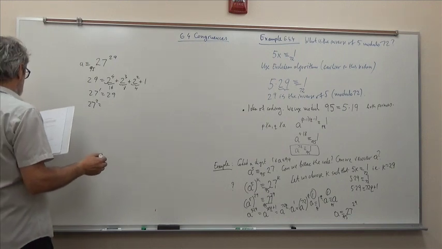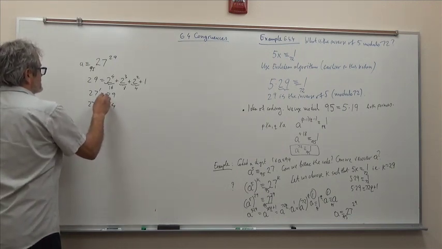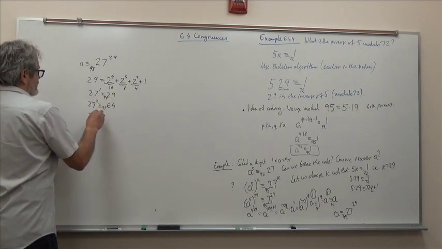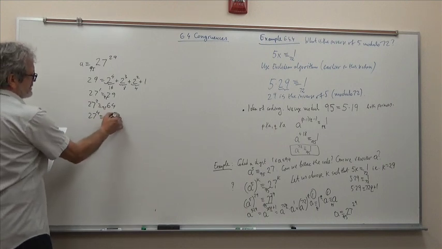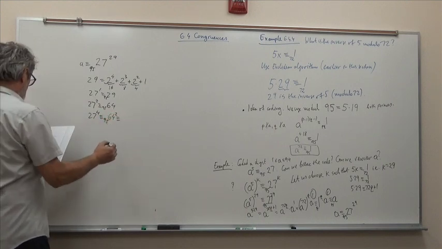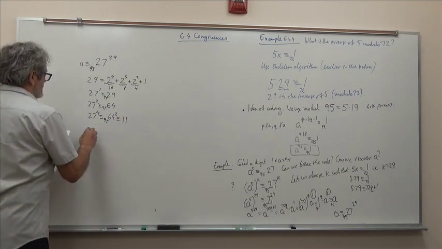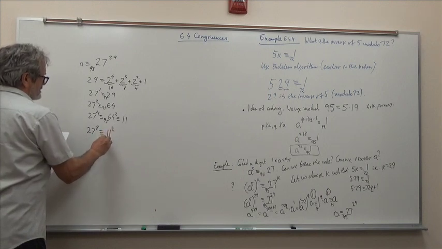27 squared is congruent with 64 modulo 95. 27 to the 4th is congruent modulo 95 when I square 64. And that gives me 11. 27 to the 8th is congruent with 11 squared modulo 95.